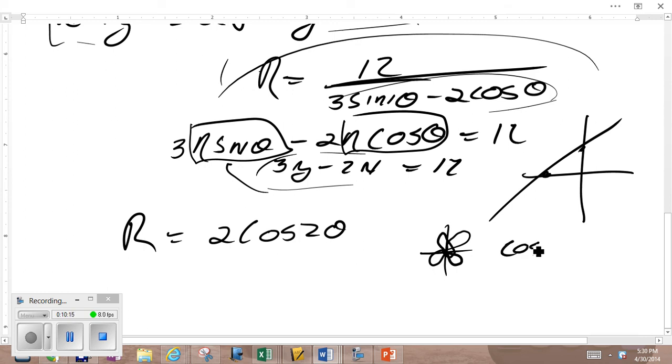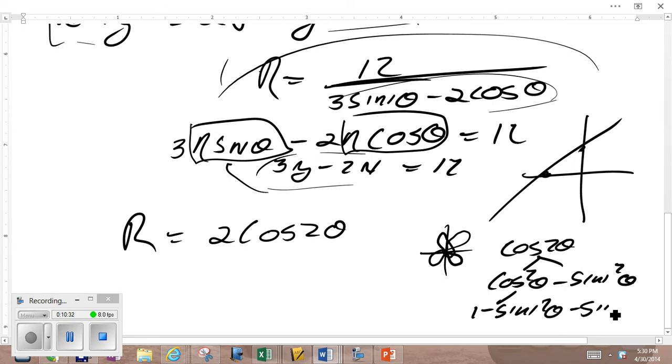The cosine of 2 theta was equal to a couple things: cosine squared of theta minus sine squared of theta. And I guess we could make this drop down to 1 minus sine squared of theta minus sine squared of theta. So we could make this 1 minus 2 sine squared of theta.